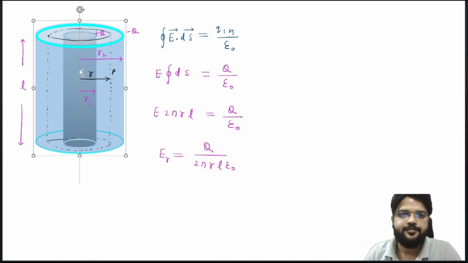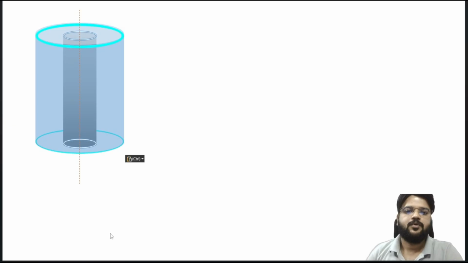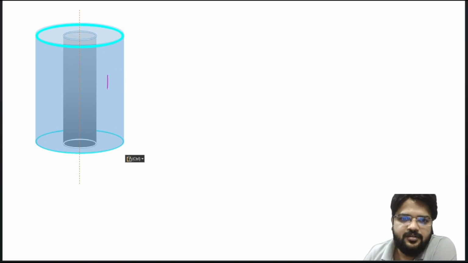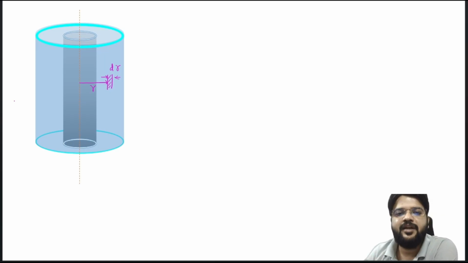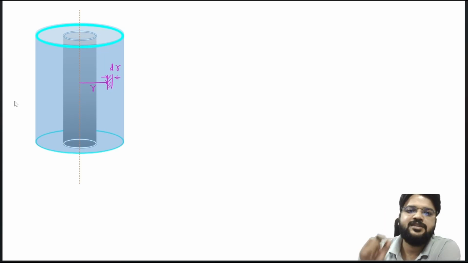Next, what I will do is consider one small region in between these two surfaces. The distance of this region from the central axis is R, and the thickness of this region is dr, correct? In this region I am considering the electric field to be constant because this region is very small.